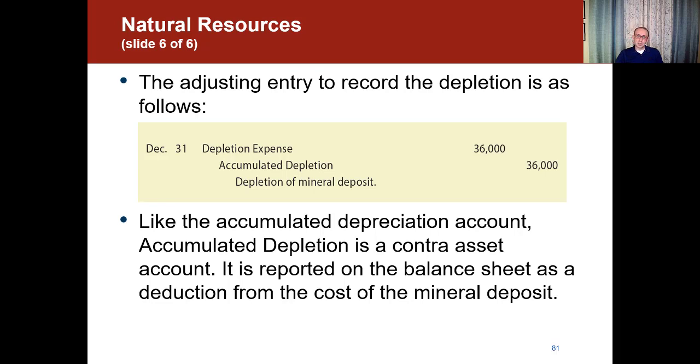So we'll see that in property, plant, and equipment we use accumulated depreciation. In natural resources we use accumulated depletion. But in other kinds of intangible assets that we'll cover in the next part, we really don't use the word accumulation anymore. We use the intangible asset right away.